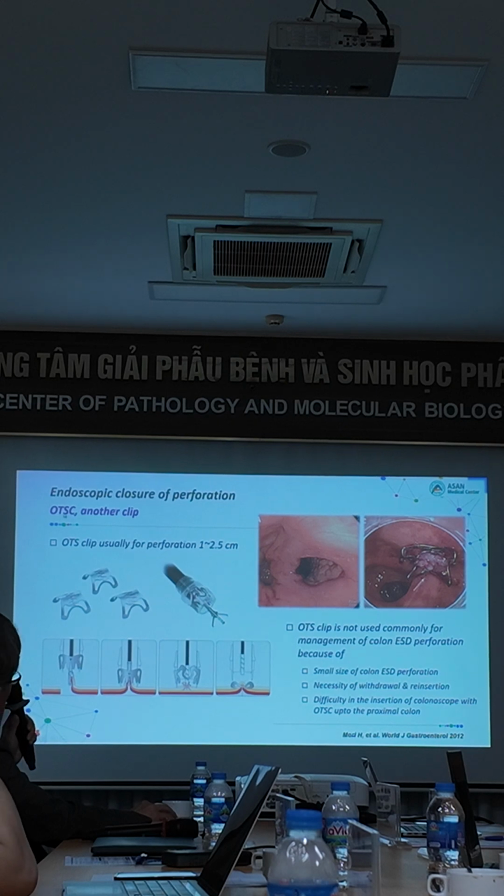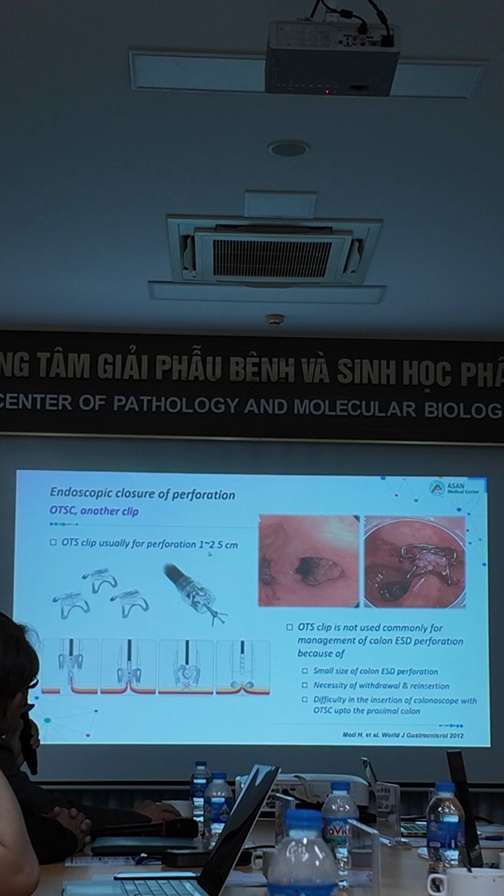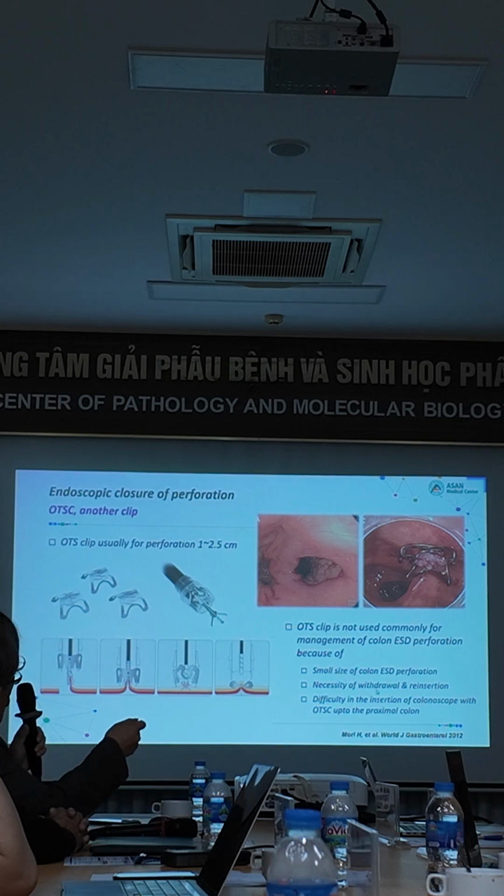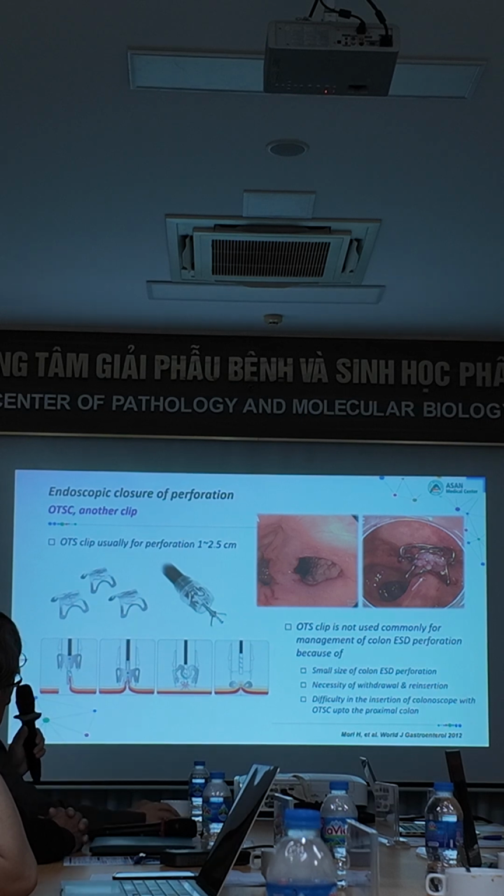This is the over-the-scope clip, OTSC. OTSC is usually indicated for management of perforation of 1 to 2.5 centimeters in diameter. But colon ESD perforation is usually small, and the colonoscope should be withdrawn and reinserted after the installation of OTSC at the tip of the endoscope, which is quite cumbersome.